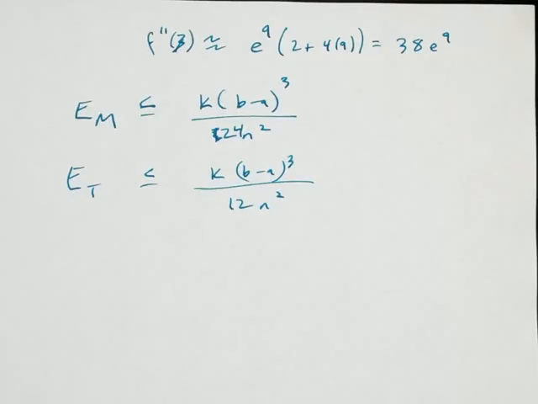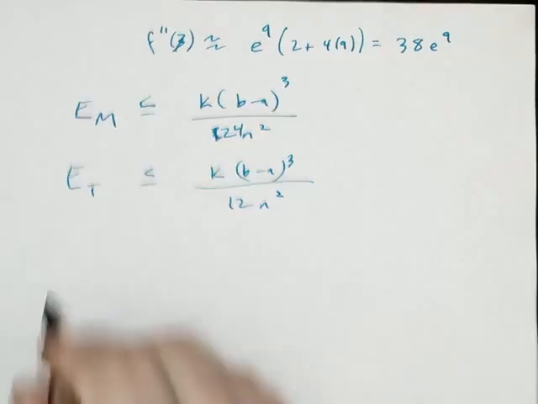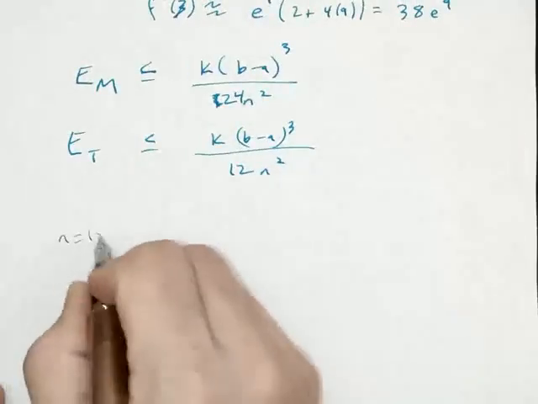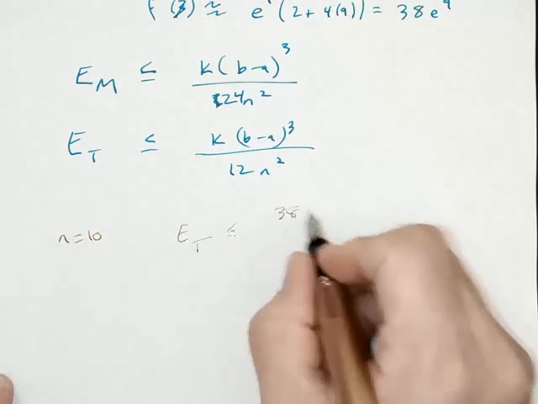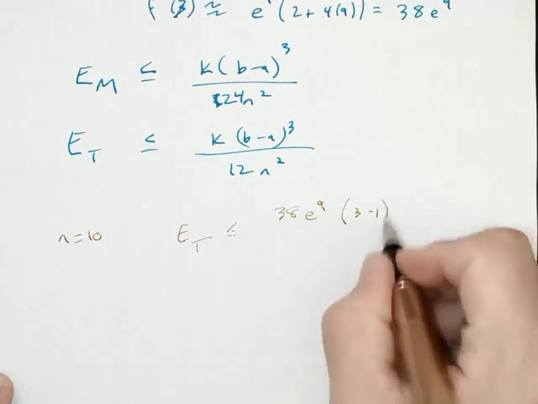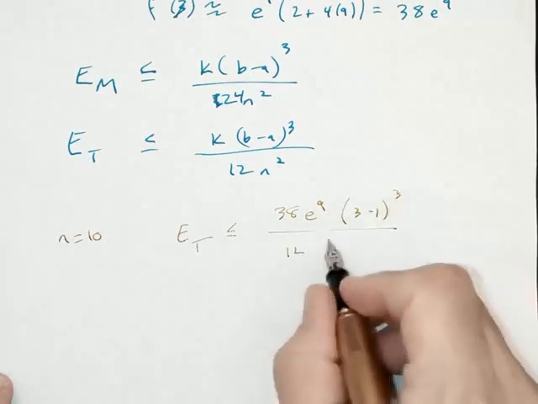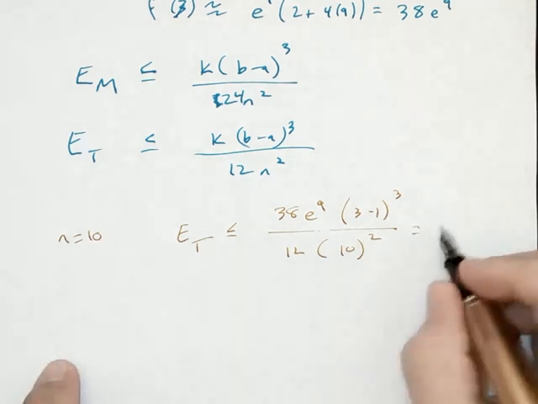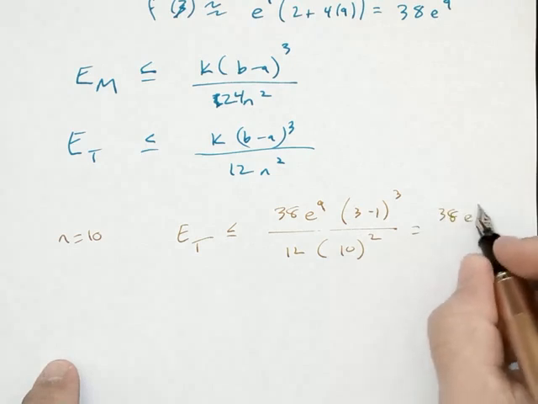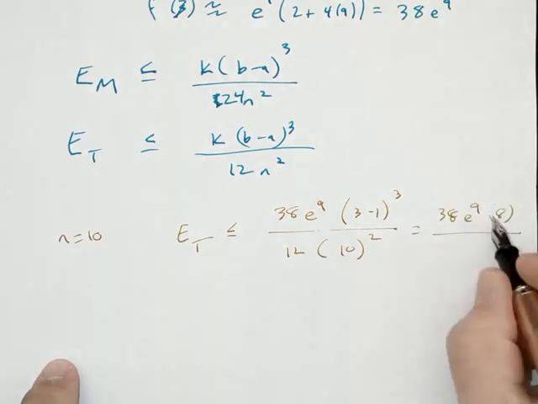We had done L10, right? So we were using 10 rectangles. Three minus 1 is 2. 2 cubed is 8. So the top of this is 38 e to the 9th times 8.